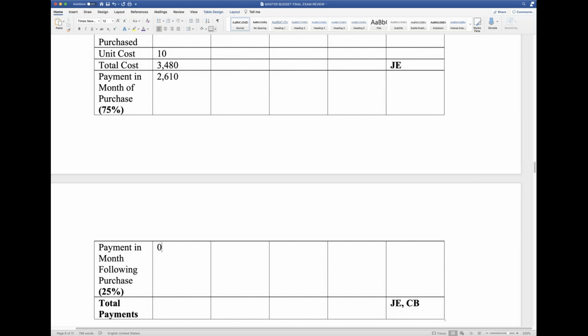And then on the second one, the total payments is going to be the total cost, right? It'll be the payment month of purchase for 75%. Well, it's not always going to be that, only on this first one, because we didn't have a previous month. What we're gonna do now is copy and paste it and bring it down below.